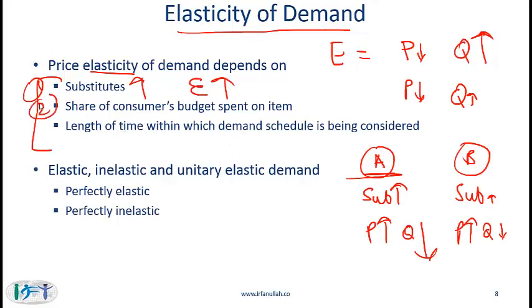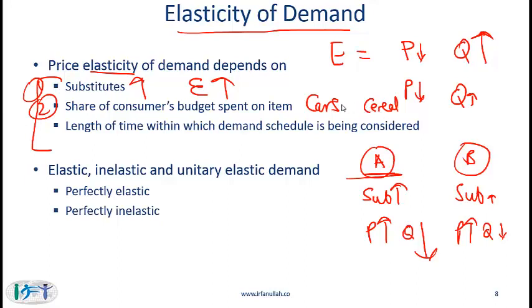The next point is share of consumers' budget spent on a particular item. If we talk about an item such as cars or automobiles, these typically represent a large percentage of the consumer's income. Versus, let's say we also are talking about a product such as cereal.